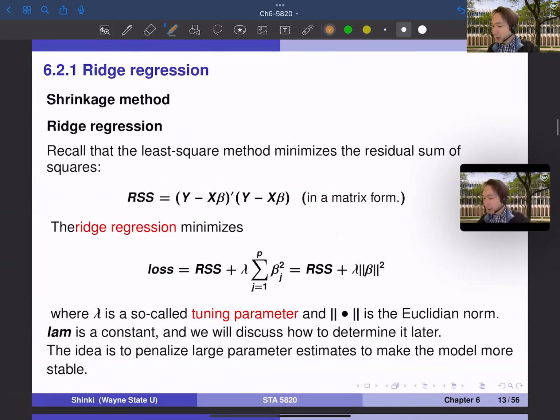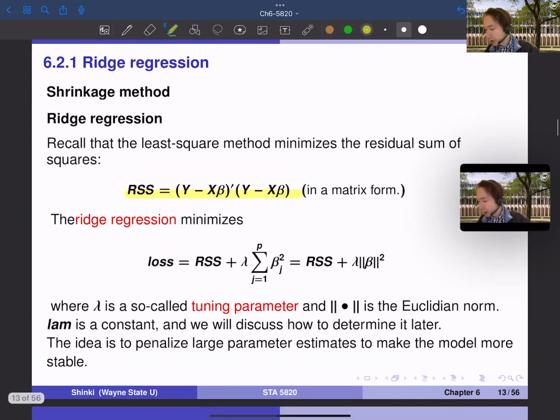And for ridge regression, the algorithm is here. In linear regression at first, we minimize the residual sum of squares. But ridge regression minimizes the RSS plus lambda times the summation of beta j squared. So the beta j are the coefficients in a linear model, and lambda is some constant, a predetermined constant.